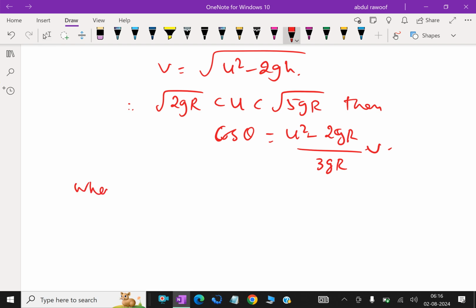When u is greater than or equal to square root of 5gr, what happens in this condition?